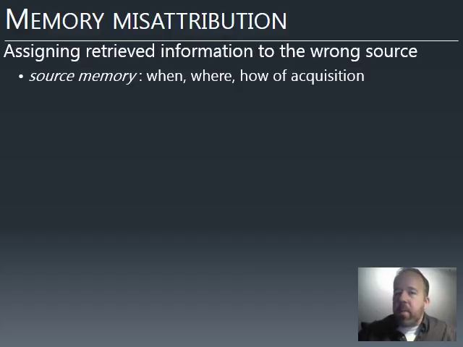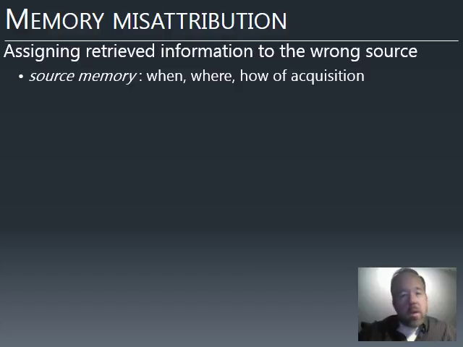And so there might be a fact that we all know, what the capital of the United States is, for example. And while we know that fact, that's readily accessible, you probably can't remember when and where and how you first learned it. And so we can have a piece of information and not necessarily recall the context of acquisition for it.